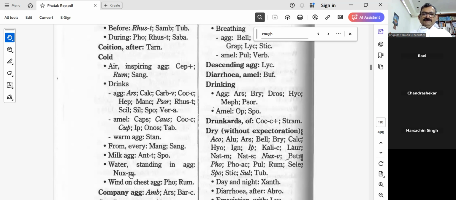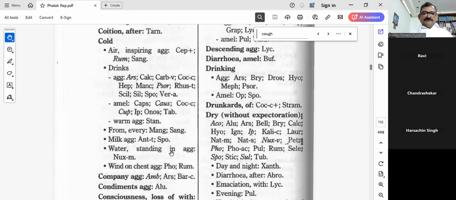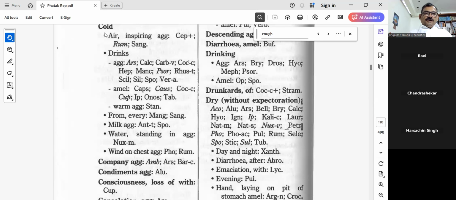Okay. So likewise, water standing in aggravation. Cold water standing in aggravation. So we have to see that a cold dot means it is all connected to the same heading. Water standing in aggravation is nux moschata, nux vomica.